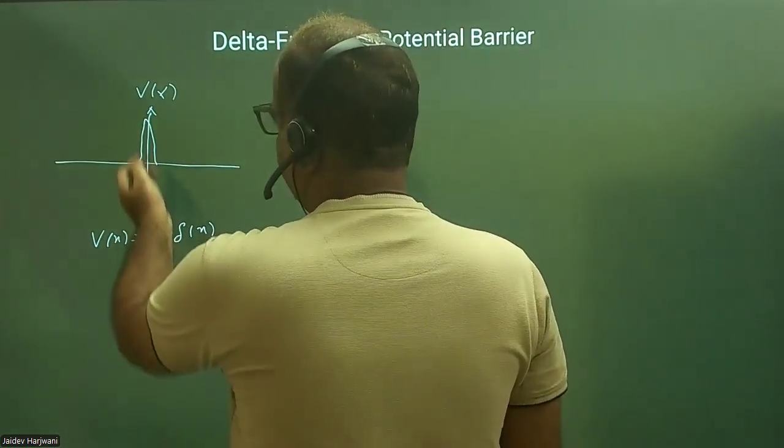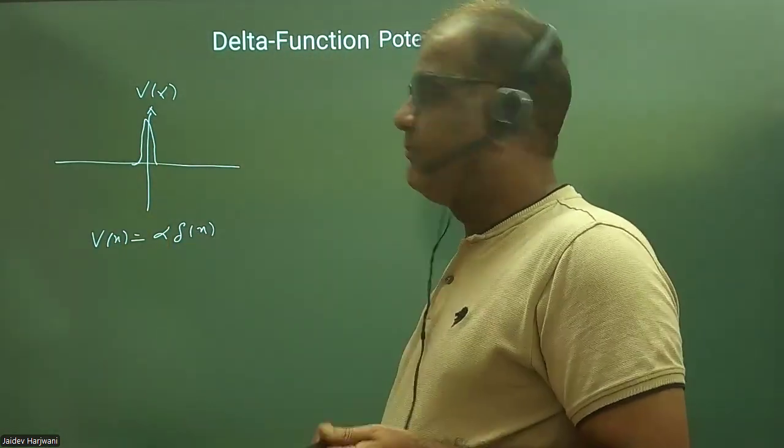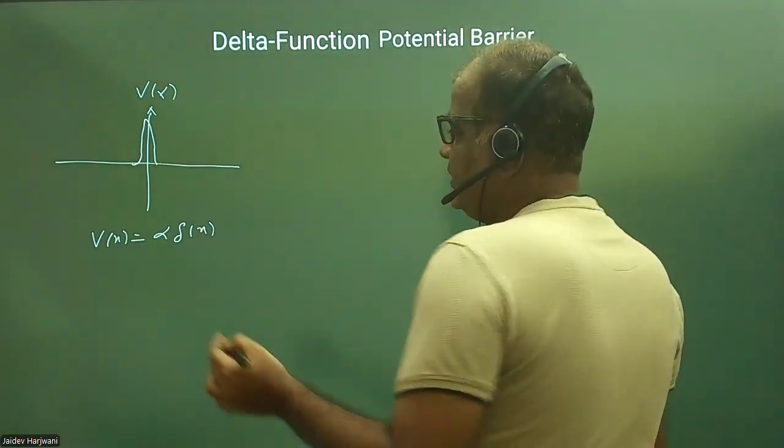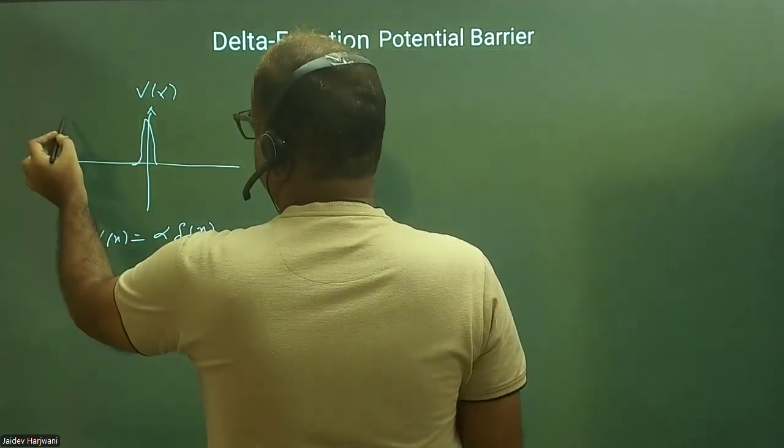Now we can easily see that for a potential barrier we don't have any bound state, so we are going to solve only for the scattering state.